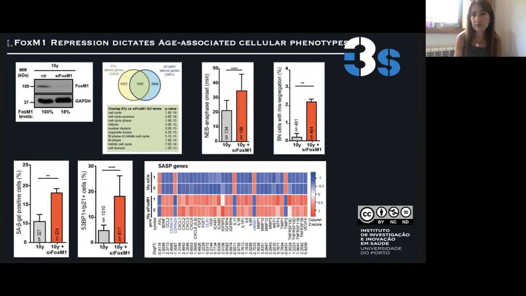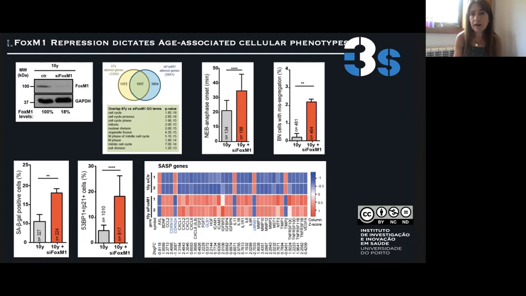The RNA-seq revealed that FOXM1 repression altered the abundance of 5,000 gene transcripts, which were again enriched for cell cycle and mitosis gene ontologies. The top 10 most altered GO terms included mitosis, as I told you, and also the cell cycle genes controlled by this important transcription factor, FOXM1.